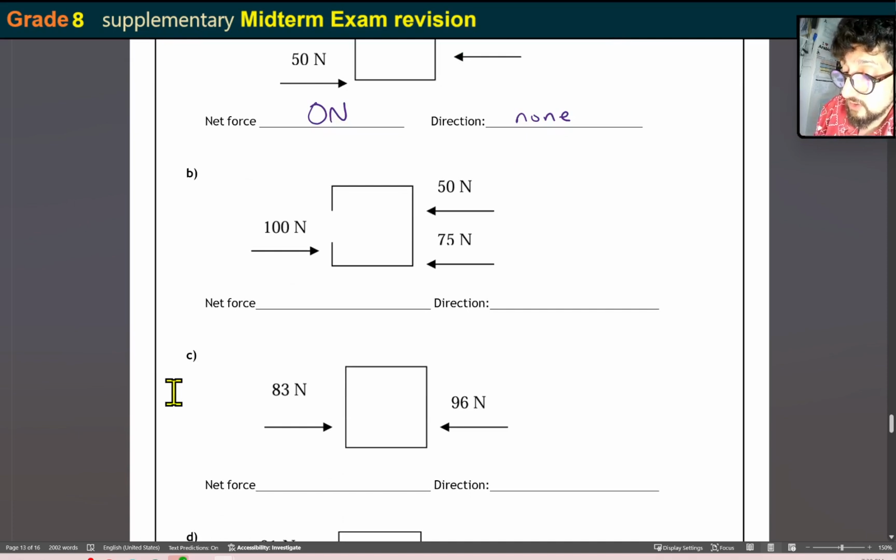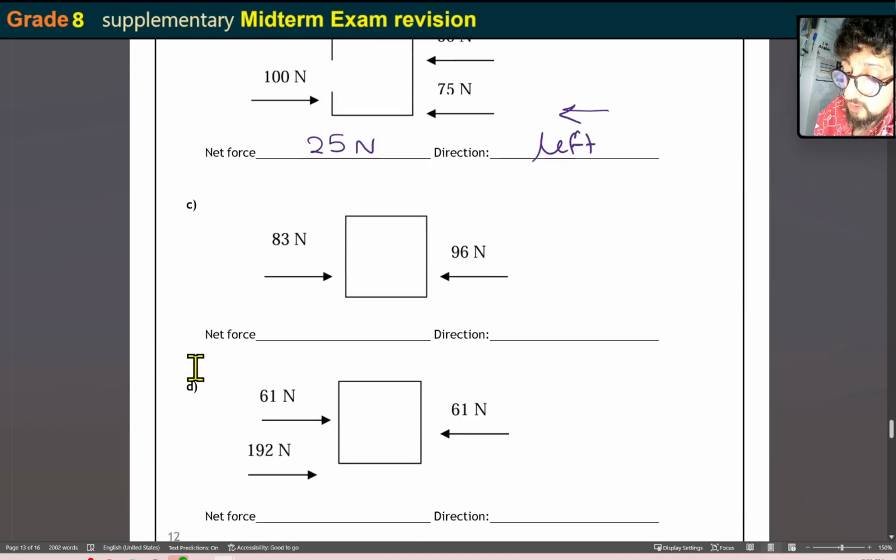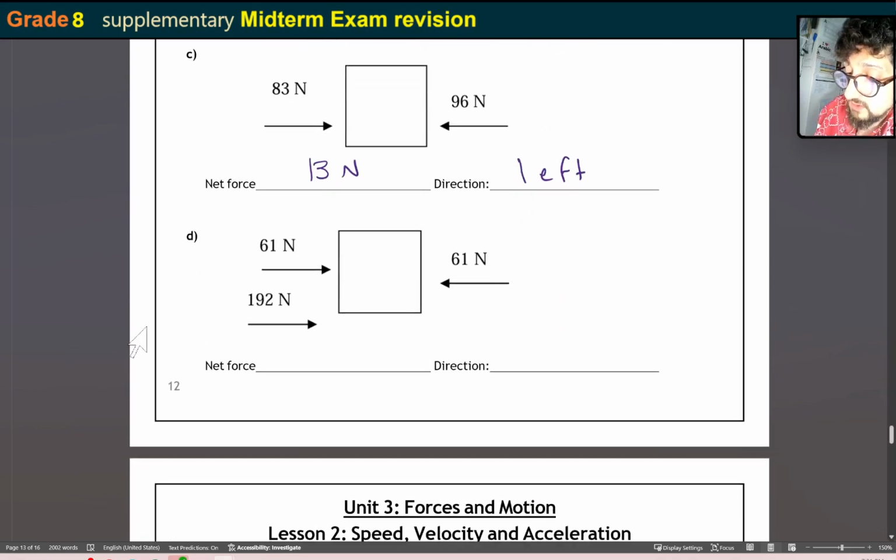Over here, we've got 25 newtons and it's acting on the left direction. Okay. Over here, we've got 83 and 96, so that's going to be 13 newtons, and once again, that is on the left side. And over here, we've got 61 and 61, so these two balance out, but then we still have 192 newtons acting on the right side.